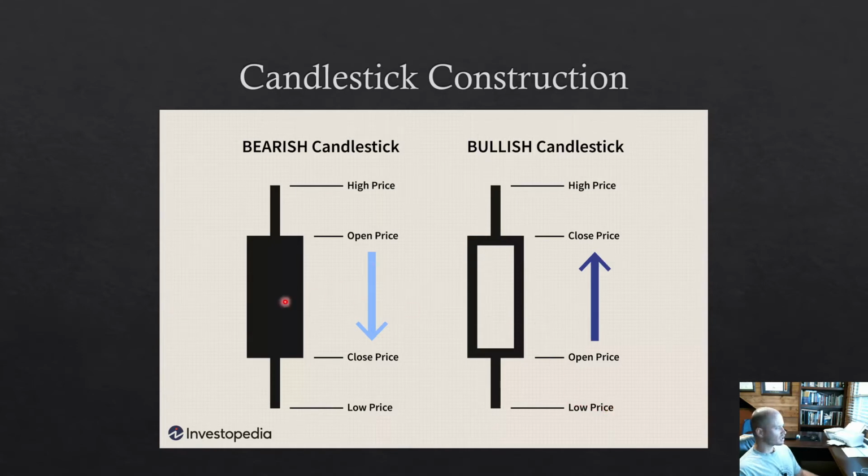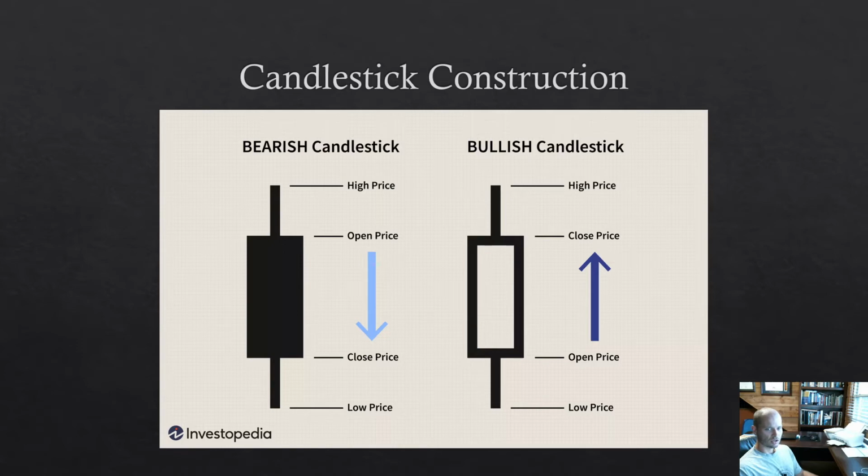We've already talked about the body a little bit, but the top and the bottom of the body can either be the open or the close of that candle, depending on if it's an up or down candle. What I mean by up or down candle is your typical green or red candles.